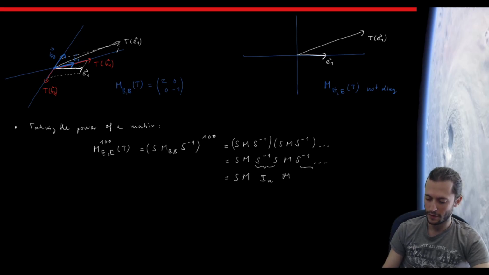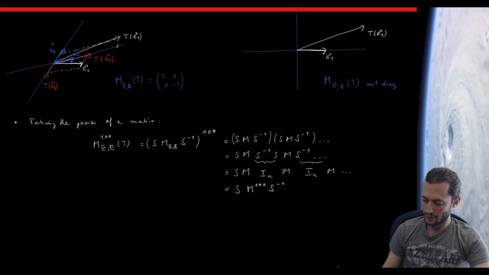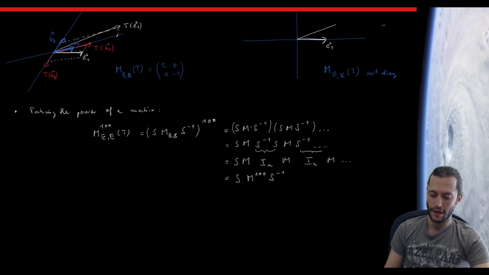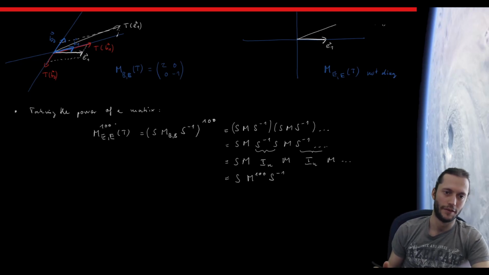And here comes again a unit matrix. And this is nothing else than multiplying by the neutral element, and you can leave that out and you get S M to the 100 of S minus 1. And this, since the M on the right side here is a diagonal matrix, can be calculated really quickly, whereas this one is more like the forced labor camp of mathematics.